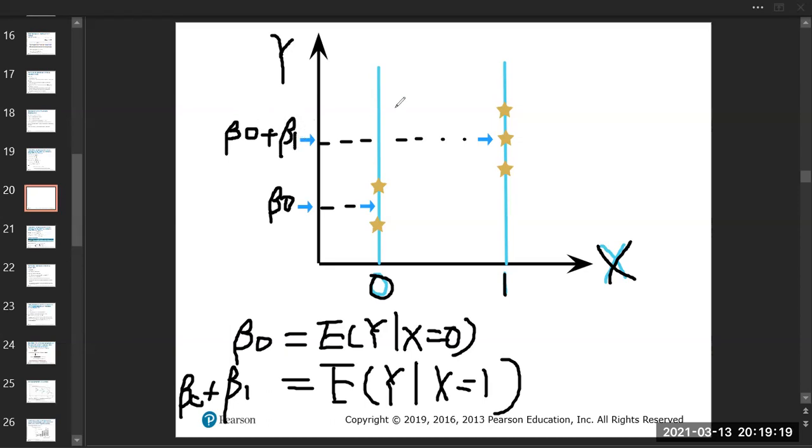So now tell me, where is beta 1? Beta 1 will be the gap between these two points. I'm going to use the color red. It's a little bit big, let me change its font. The gap here is the beta 1 that we're looking for.